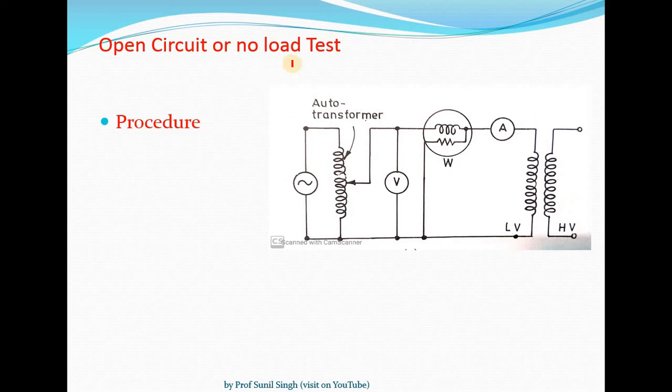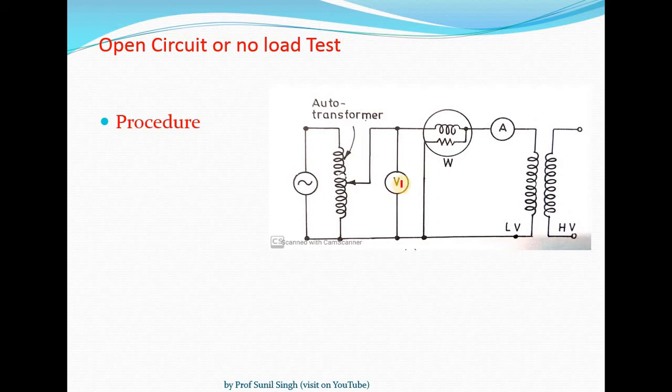In the open circuit test, the low voltage winding will act as the primary, because it is connected to the source. Why is the low voltage winding connected to the source, not the high voltage winding? It is due to convenience, because the open circuit test is measured at rated voltage or full load voltage.